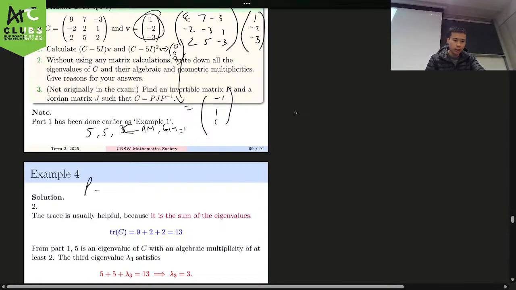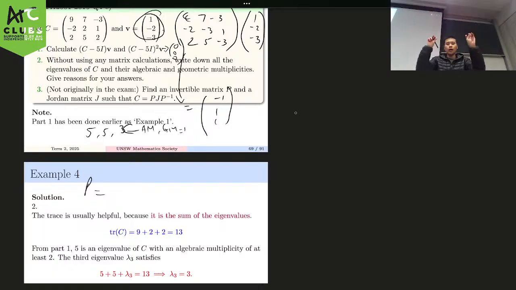So again, P, the analogy is like your eigenvectors, but in this case, with Jordan form, it's your generalized eigenvectors. And the idea from diagonalization, where I have to write your eigenvectors in the same order as your eigenvalues, that still is the same idea.